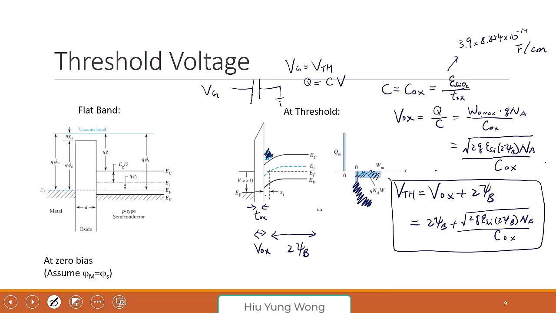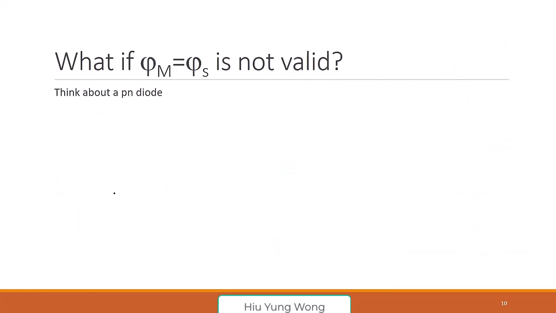Now, the problem here is we have been saying that φm equals φs. So even at zero bias, there's no bending. Okay, what if they are not the same? Then let's think about a PN diode. Can you tell me what type of device this is? Is it N or P on the left?